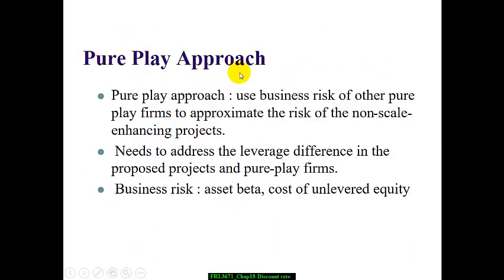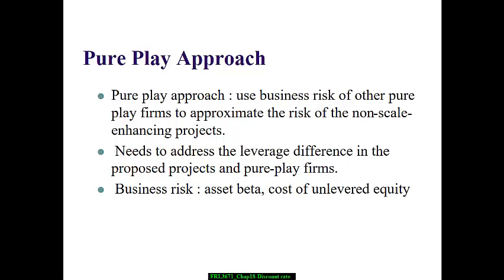The common approach we use in this situation is the pure play approach. So how does this work? Take Costco's example: Costco wants to make an investment in the real estate sector. So what we're going to do is go to this same real estate sector and find companies, pure play firms, that exclusively focus on real estate.